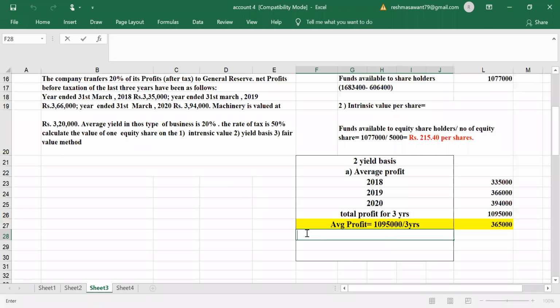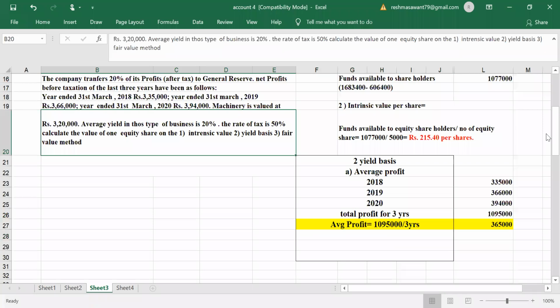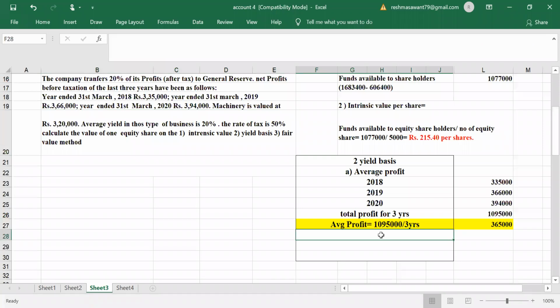So for the next point in the calculation, read your adjustment. Adjustment number 1: the company transferred 25% of its profit after tax to reserve, but make sure you are not transferring any amount to the tax heading. A 50% rate of tax is mentioned, so use it. Less provision for tax at 50%.